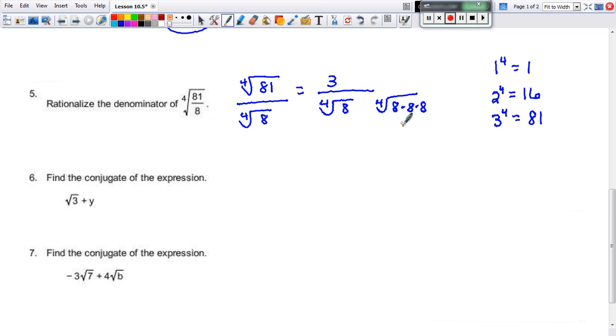So that is the 4th root of 8 times 8 is 64, 64 times 8 is 512. Alright, so the 4th root of 512, that's what's going to come up here.